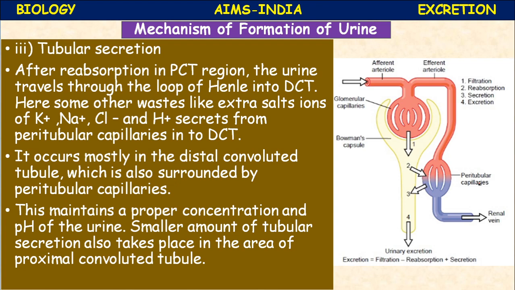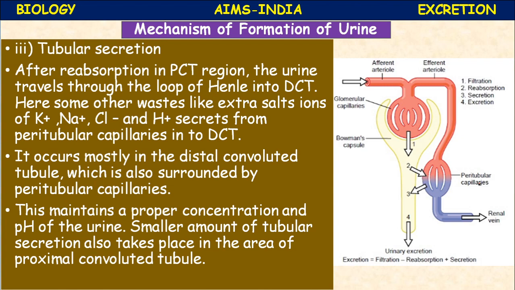So tubular secretion ensures removal of all the waste products from blood. What are those waste products? Urea, uric acid, creatine, salt ions like potassium, sodium, and hydrogen ions H+.